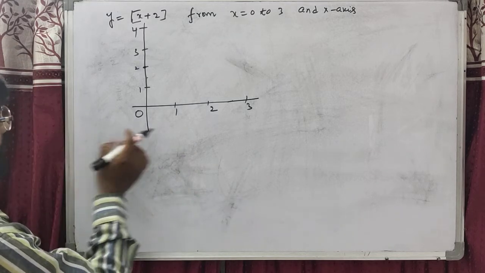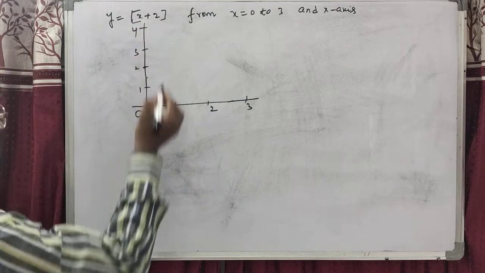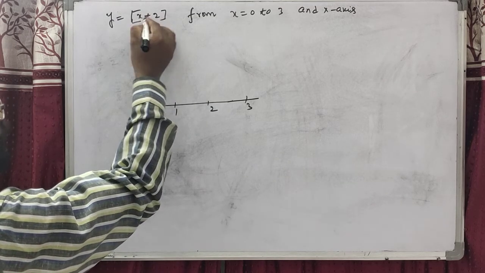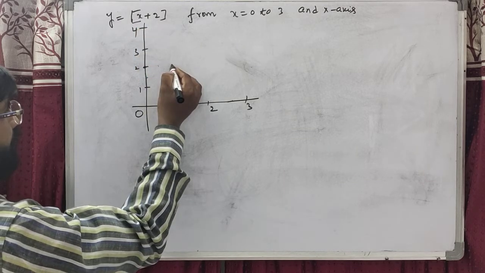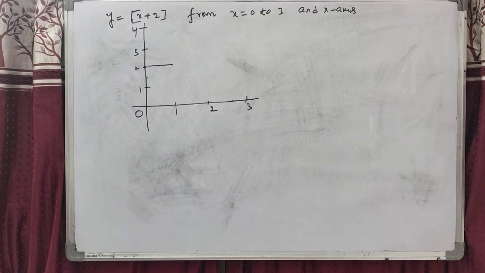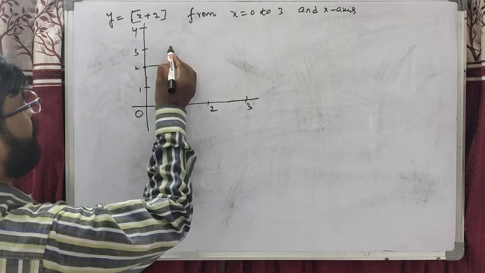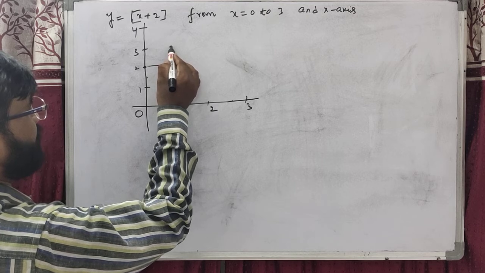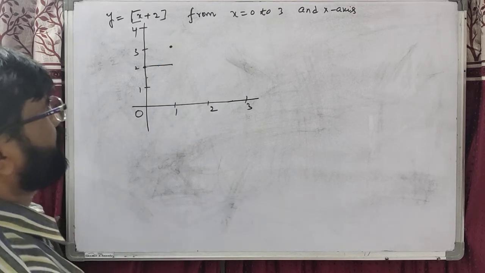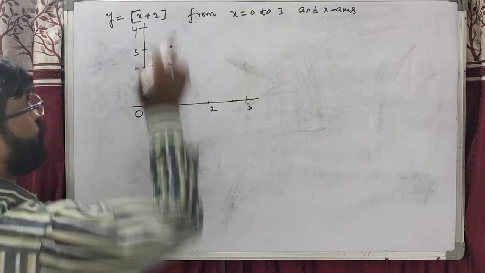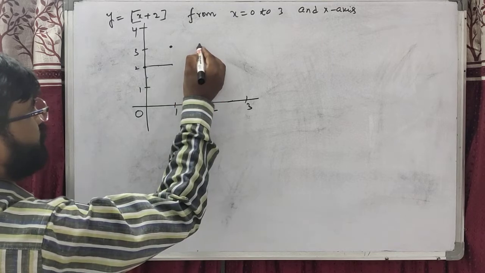Now we draw the graph. At 0 it is 2 directly. At 0.5, 0.5 plus 2 is 2.5, and the step of 2.5 is 2, up to here. This is the graph. Okay students, when we take 1, 1 plus 2 is 3. Then 1.5 plus 2 is 3.5, which is also 3.